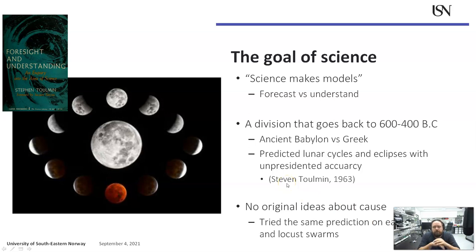Now the Greeks, on the other hand, were much more interested in understanding. So they tried to develop ideas and concepts as to how the world worked, and therefore they could study a whole host of different phenomena, but they were not as good at predicting things as the ancient Babylonians. So their models of the world were perhaps more accurate for some things, but not in the predictive sense.